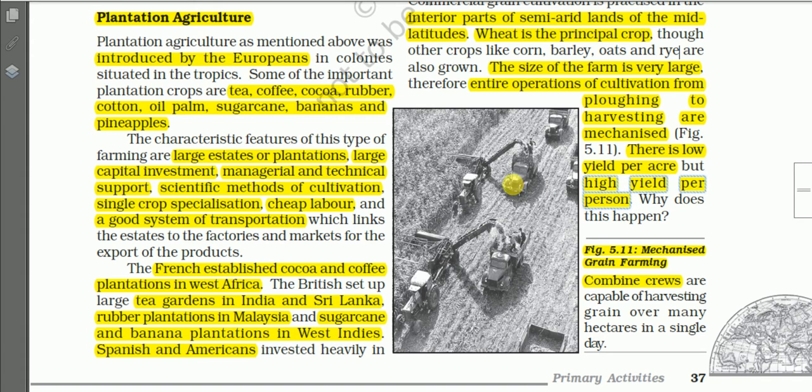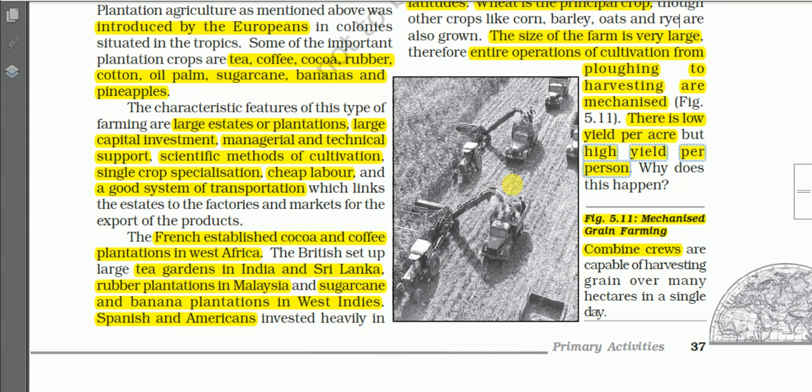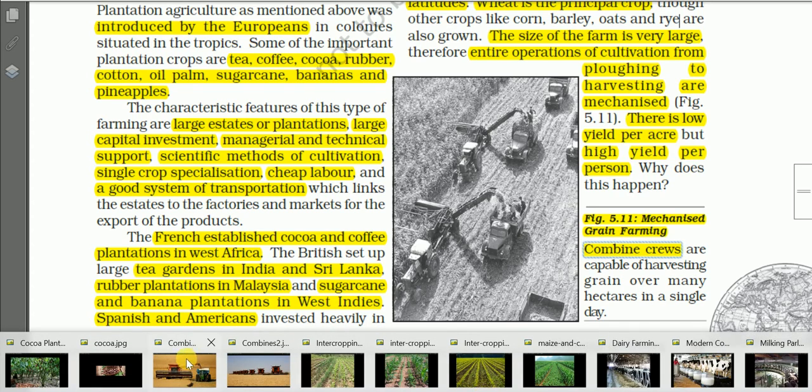Figure number 5.11 shows an example of mechanized farming. Here combine crews are capable of harvesting grains over many hectares in a single day. These machines are known as combines, and we have some bigger photographs also.